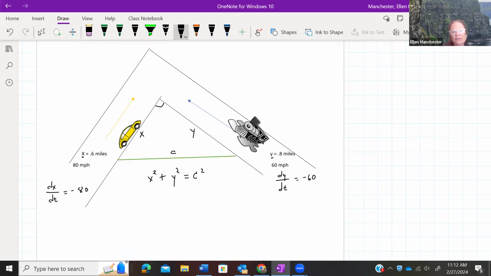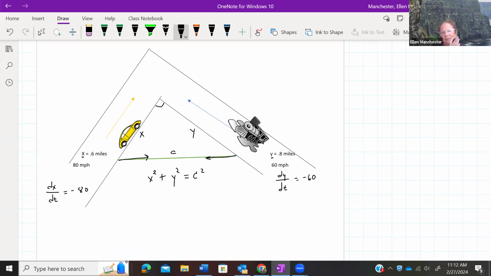If you look at this scenario, we can figure out how fast this distance is closing. My car is going 80 miles an hour. My train is going 60 miles an hour. How fast is that c distance closing down to where these two vehicles are going to meet?